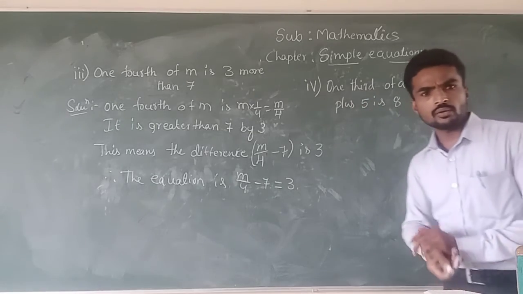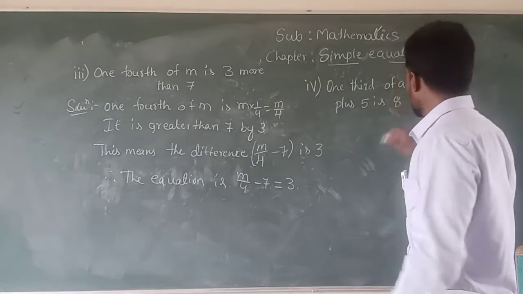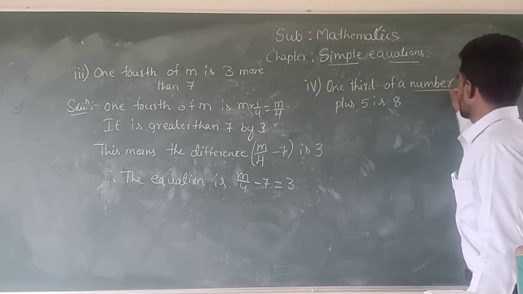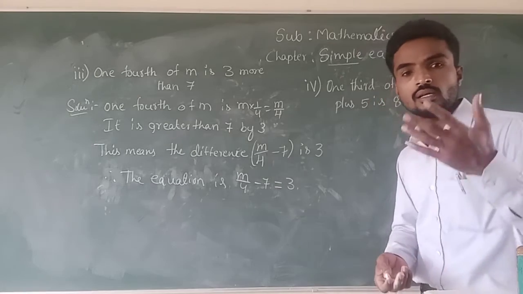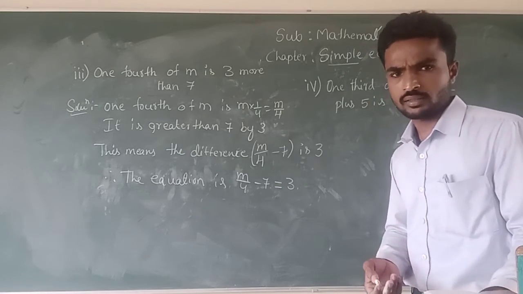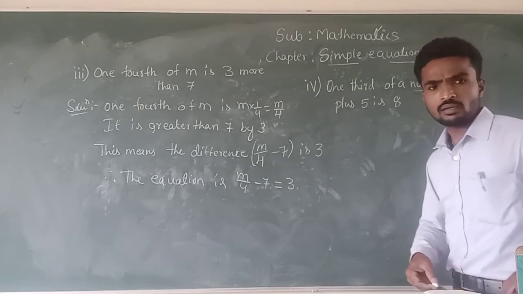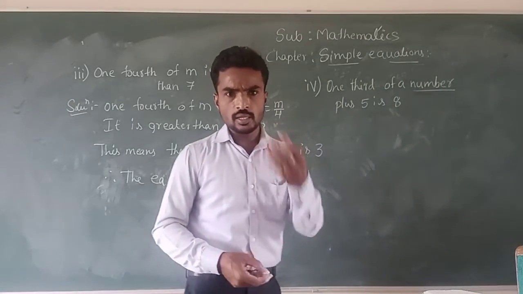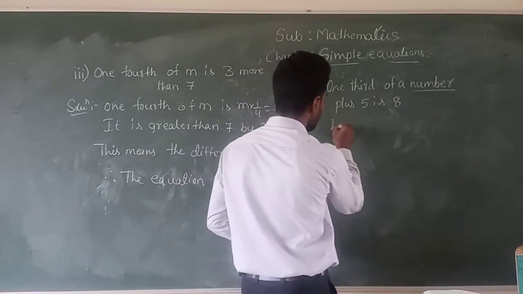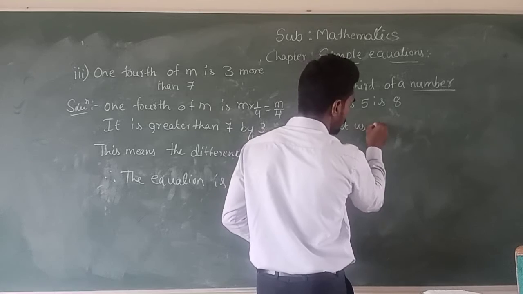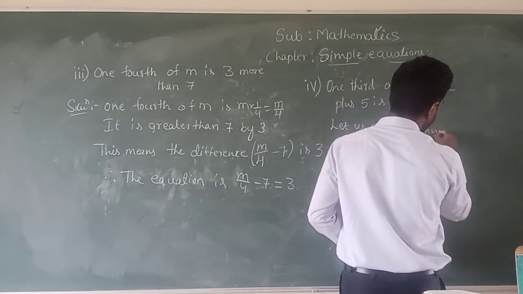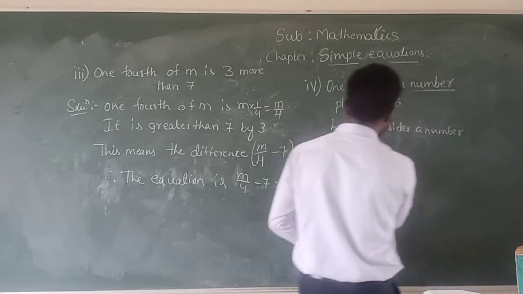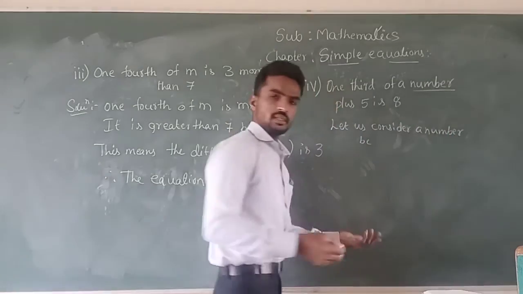Here also they don't give the number, that means they gave an unknown number. Unknowns are called variables. You can take any variable as you wish, y, z, anything.